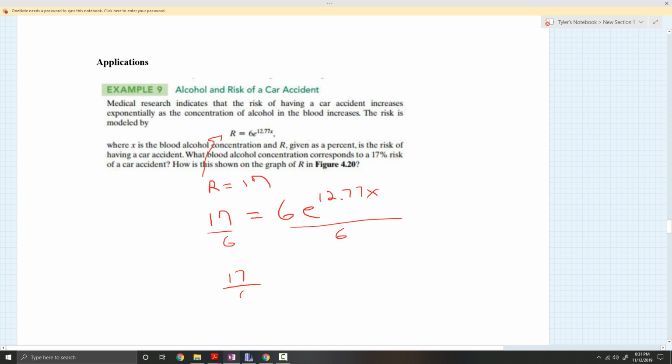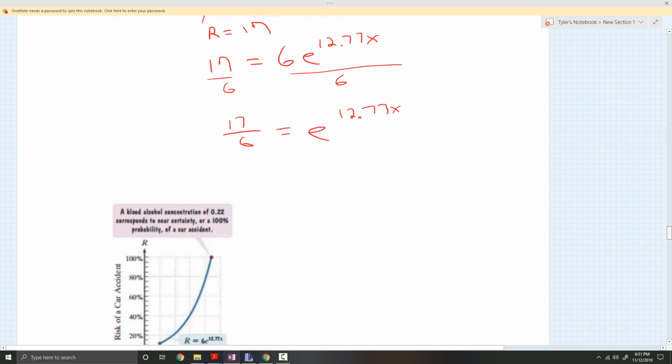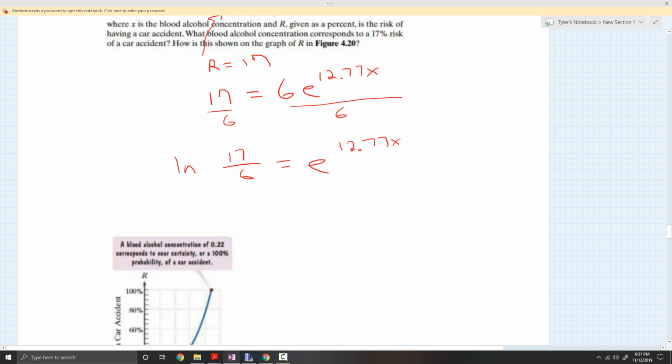You get 17 over 6 equals e to the 12.77 times x. And now, just like before, we can take the natural log of both sides to get that variable out of the exponent.